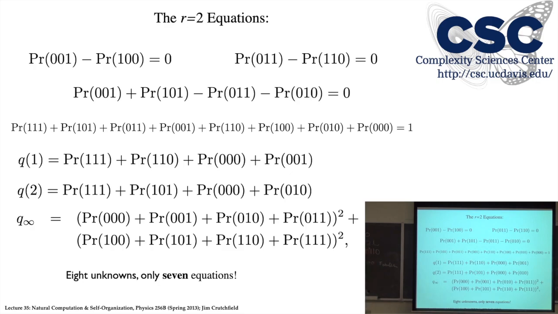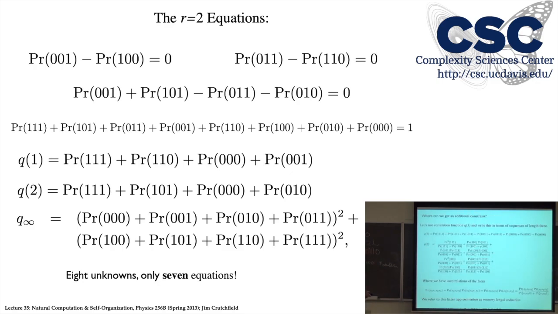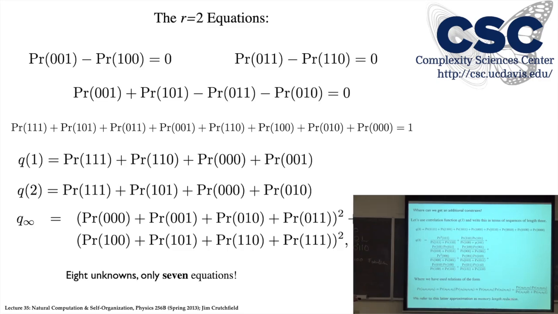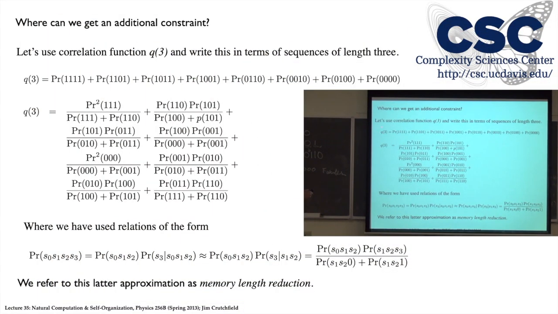So what do I do? I do something we're going to call memory length reduction. I write out what Q3 is, but Q3 now depends on sequences of length 4. But if I'm solving at R equals 2, I want to solve for sequences of length 3. So I need to rewrite sequences of length 4 in terms of sequences of length 3.